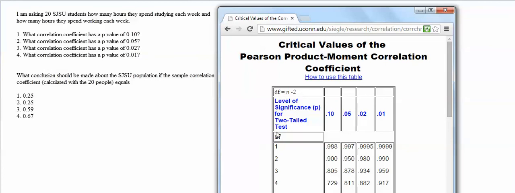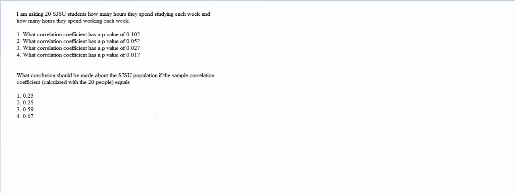See right here, what it's telling us is that these rows in the table are n minus 2, which means the number of people being studied minus 2. If I tell you that there's 20 SJSU students, you just take this number and subtract it by 2 to get your row number.